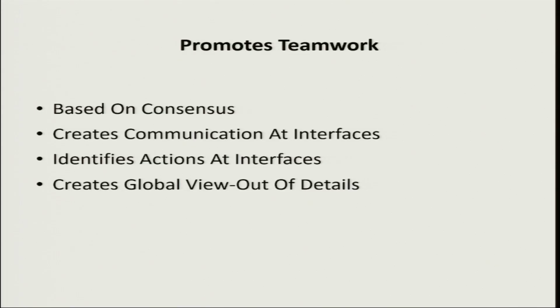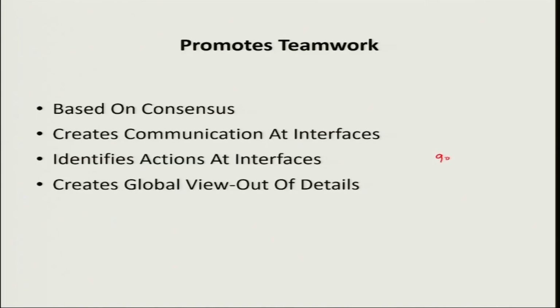You will appreciate that each individual department may be working very well, but most of the problems occur at the interface, and that is why it is very important that our interfaces should be managed very effectively. You may find that there are systems where each department has an efficiency of 90% or 95%, but overall system efficiency may be only 40%, because some problems occur at the interfaces.